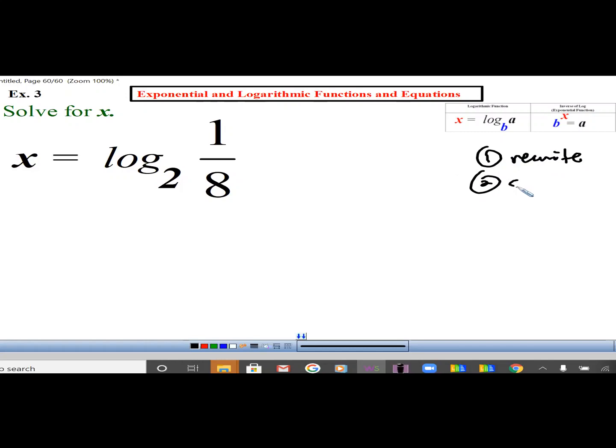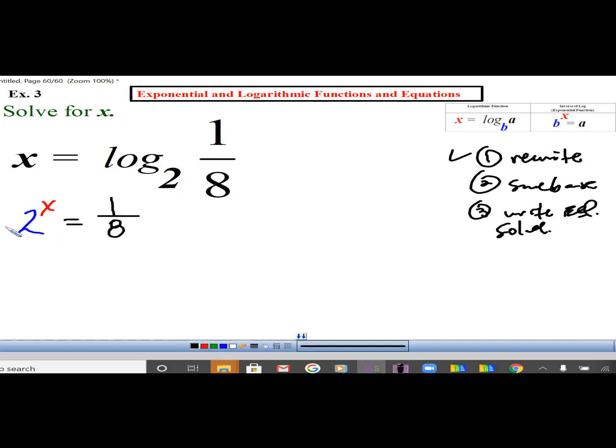Step 2, same base. Step 3, write equation and solve. If it's a log, I need to rewrite it as an exponential. So my base is 2, my exponent is x, and the given number is 1/8. That's step 1.